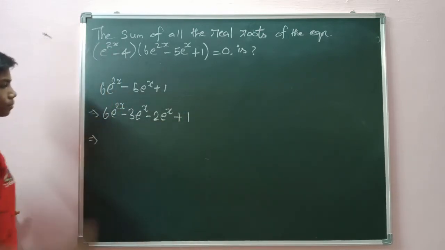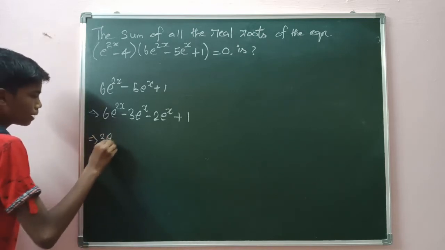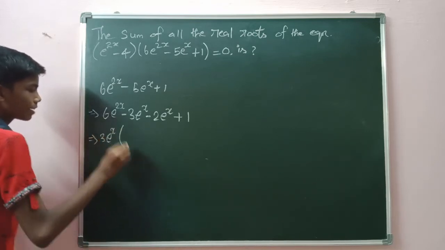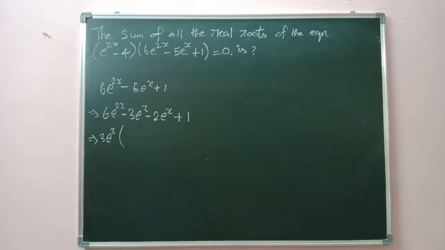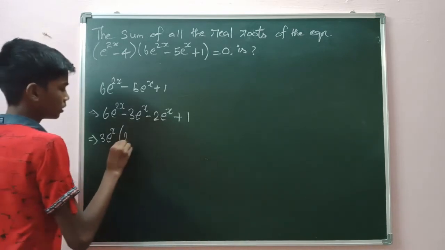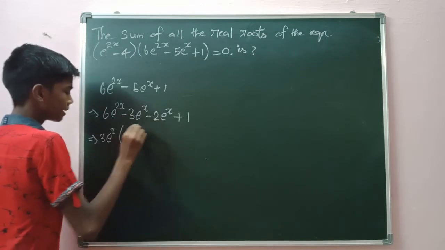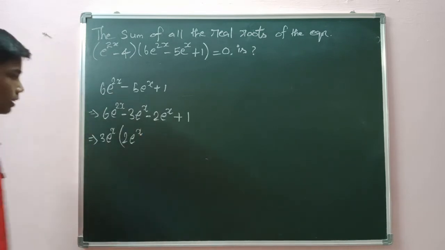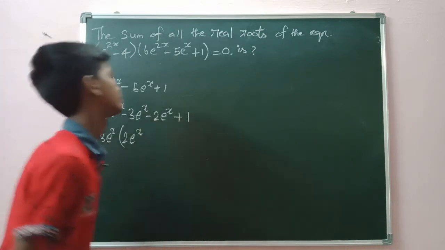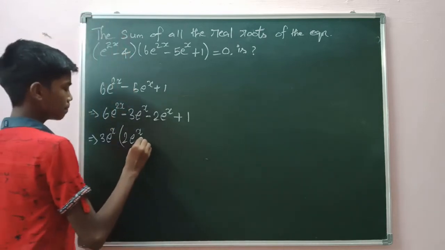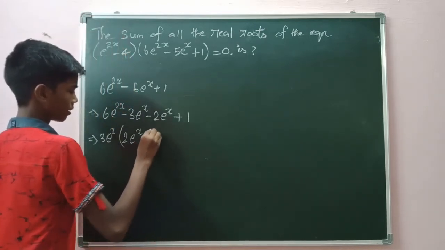Now in this, take 3 e power x common. Then what will you get? I will get 2 e power x minus 1.